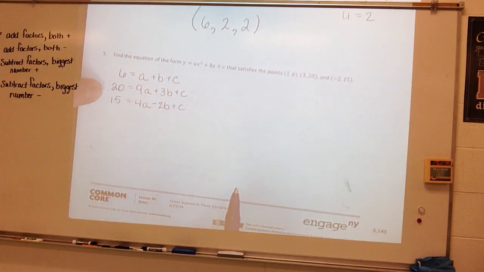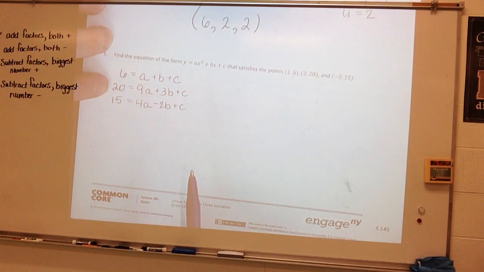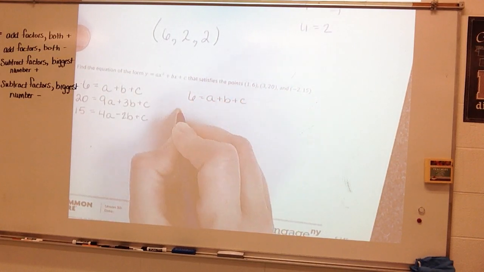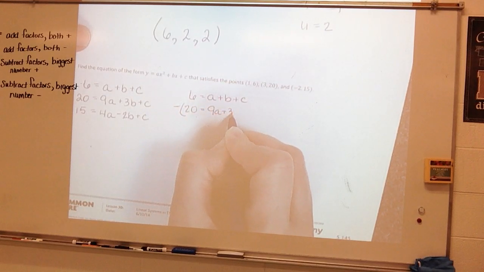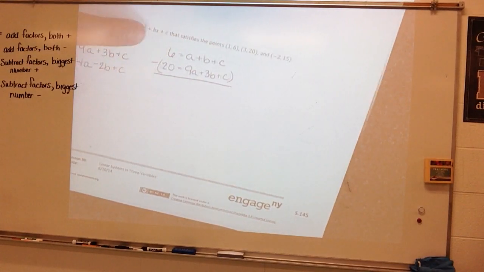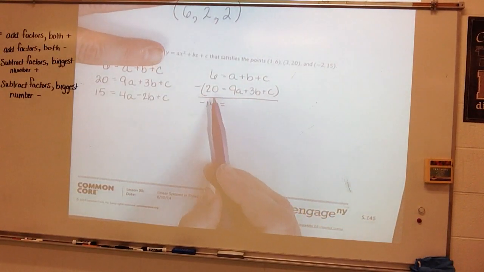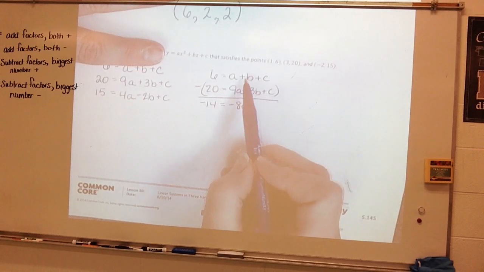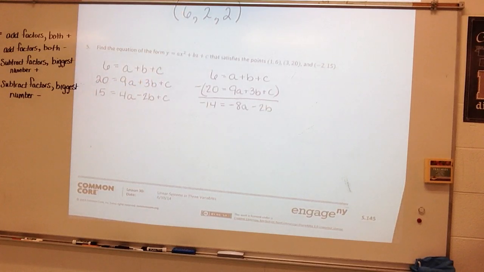I can eliminate c by subtracting the first and the second equation. So 6 minus 20 is negative 14 is equal to a minus 9a is a negative 8a, b minus 3b is negative 2b, and then my c's are eliminated.